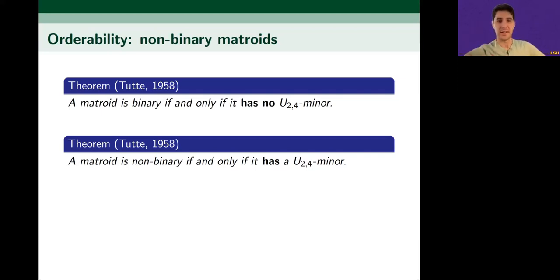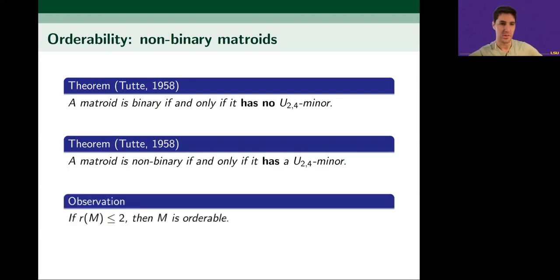The reason that I've done this is the first one, in the world of binary, tells you that a certain structure is not present in the matroid, which hasn't proved very useful in terms of orderability. Being non-binary means that a certain structure is present in the matroid, and that has turned out to be much more useful, so much so that we've completely characterized which non-binary matroids are orderable.